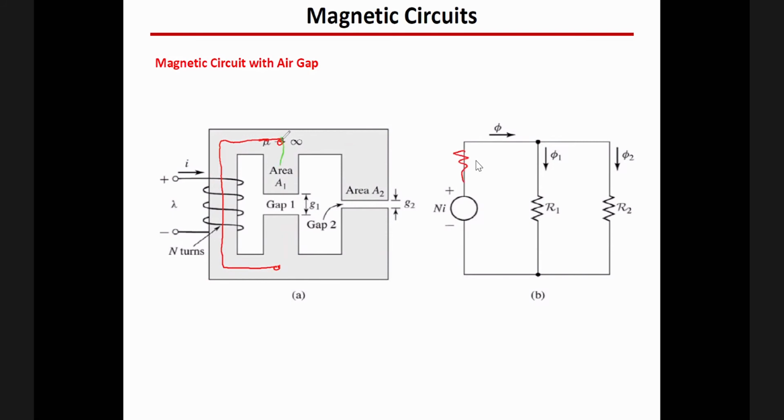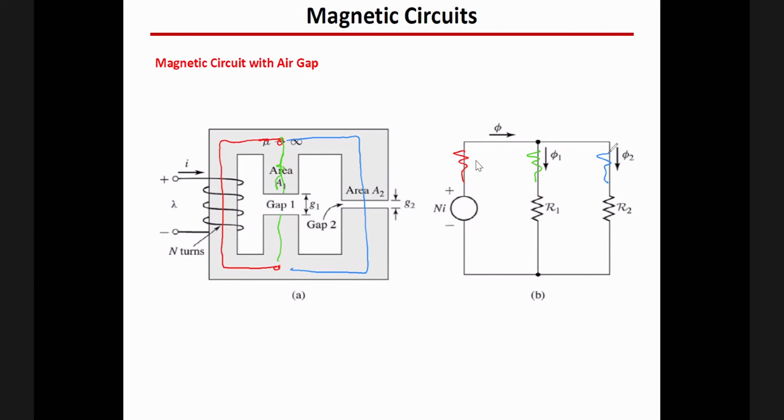This central side is one reluctance in series with R1. And the right side is one reluctance with R2. Does this make sense to you? Yes, of course. Because if you remember the previous circuit, we did almost the same, but with more number of reluctances. But at the end, we combine them together.